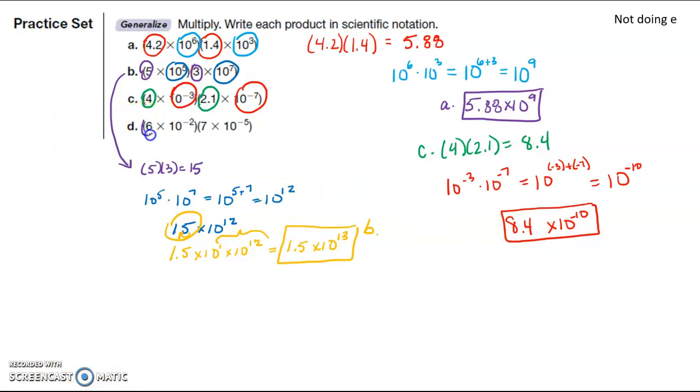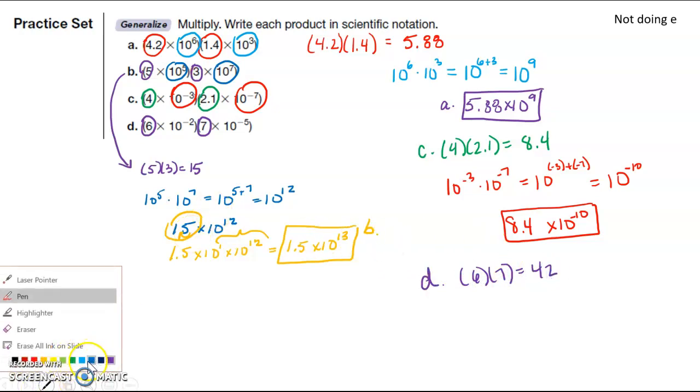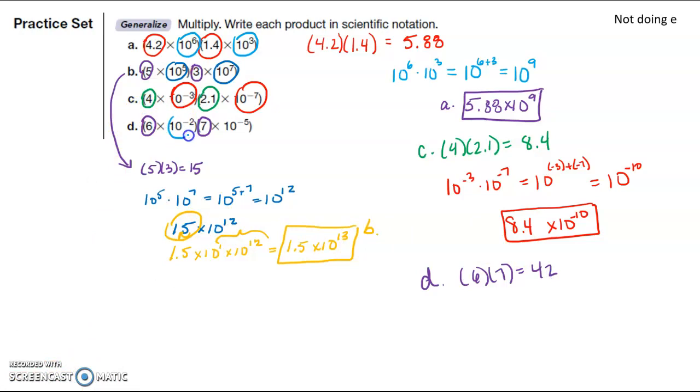And then the last one I have here is 6 and 7, so this will be D over here. So I have 6 times 7, which is 42, which we're going to have to deal with in a minute. And then I have 10 to the negative 2 times 10 to the negative 5, which is 10 to the negative 2 plus negative 5, which is equal to 10 to the negative 7.